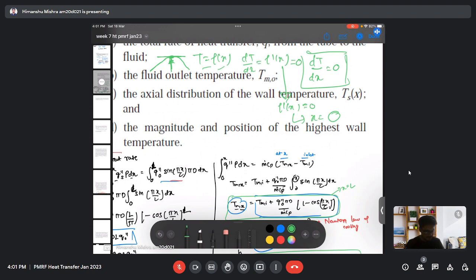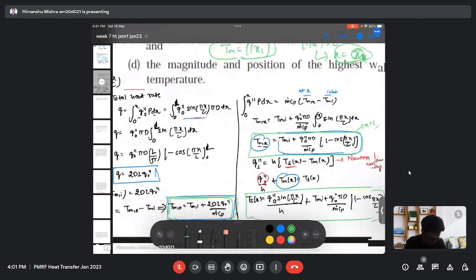If I substitute this value of x in this relation, I will get the maximum temperature. Let's say the location of the maximum temperature is x1. So I need to put x1 here, and this will be my maximum temperature.